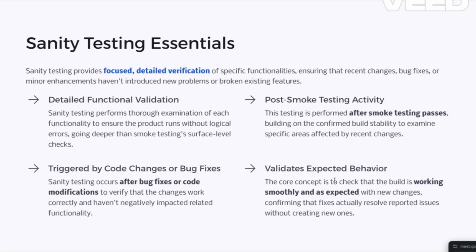The core concept is to check that the build is working smoothly as expected with the new changes. Confirming that it fixes and resolves reported issues without creating new ones, that the existing issues that were reported have been fixed, and new ones are not created.